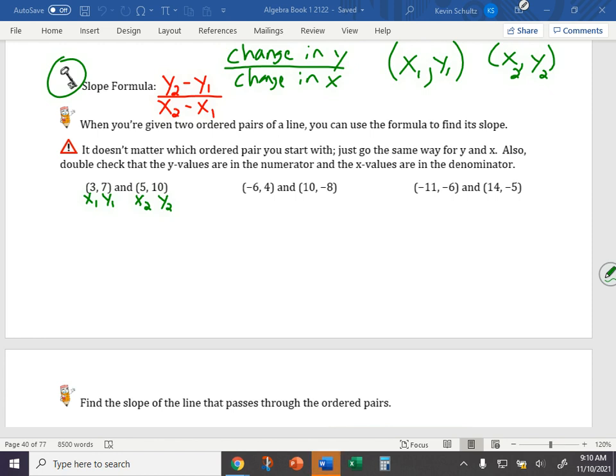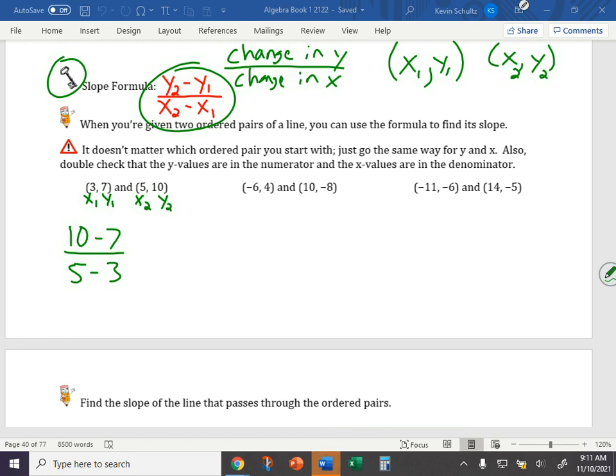And then it becomes a matter of plugging these things into this formula here. My change in y values will be found by subtracting 10 and 7, y2 minus y1. My change in x values will be found by taking 5 minus 3, x2 minus x1.